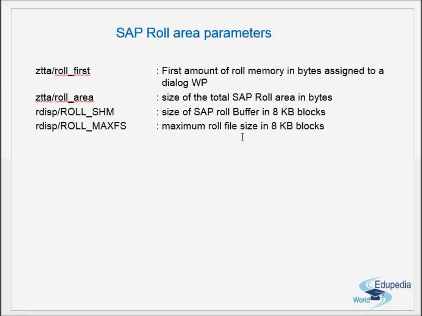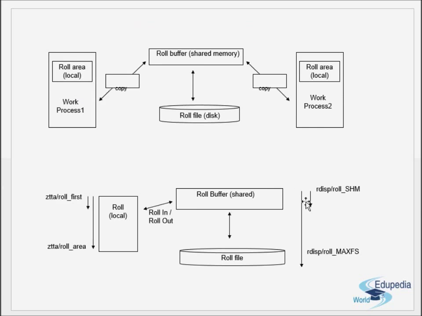So we have two other parameters, one is the role buffer and the other the role file. This is the role buffer value and the role file. From here the roll in and the roll out happens. This is roll out or it could be a roll in, that's why this is bidirectional.